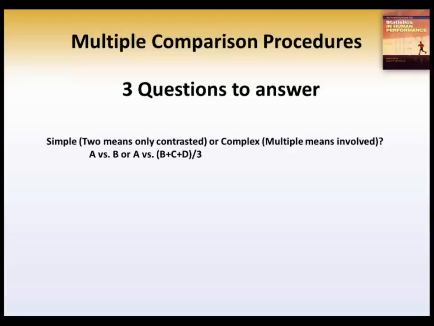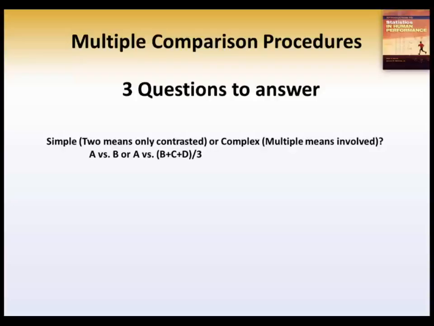Perhaps you would like to find the mean of A and B and contrast that with C. That would be a complex comparison. For example, in our illustration, you might want to compare pedometer only with the other 3 treatments with some form of support, just to see if there's a difference between just the pedometer or the pedometer and some form of support. That would involve 1 mean against the mean of 3 other means. That would be a complex multiple comparison.